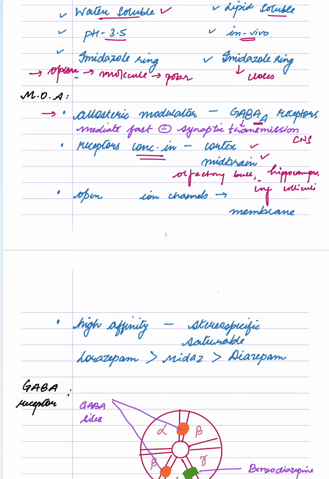So, when benzodiazepines attach to the GABA A receptors, they open the chloride channels. When they open the chloride channels, they hyperpolarize the membrane and thus mediate their effects.